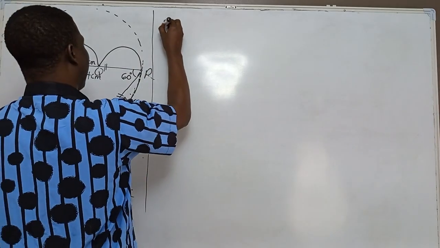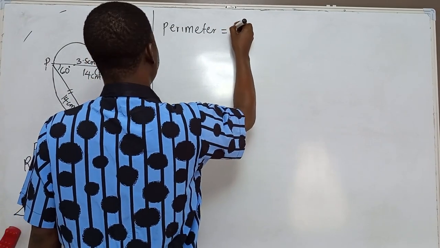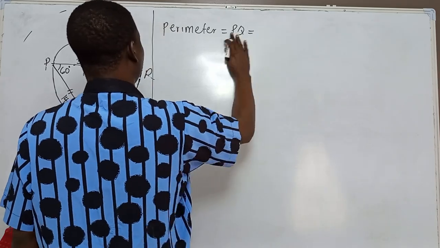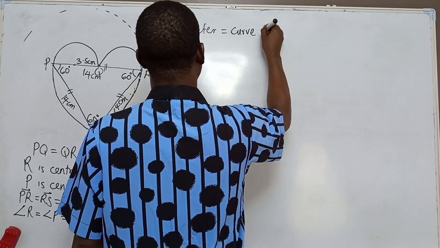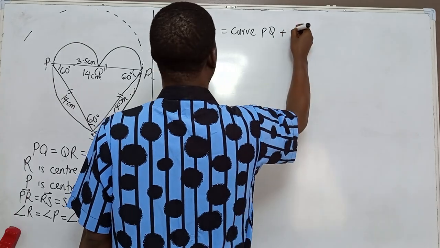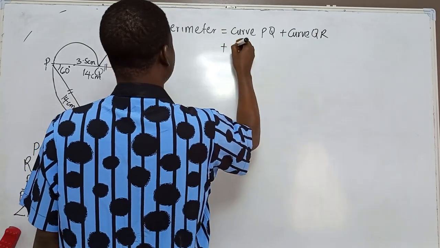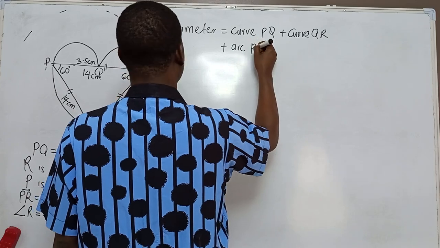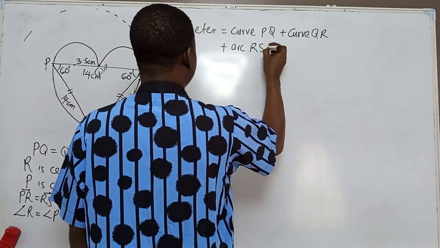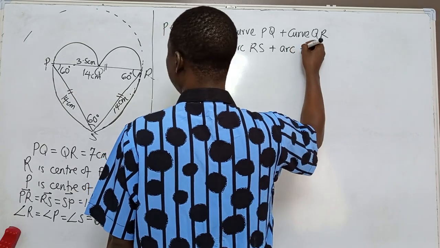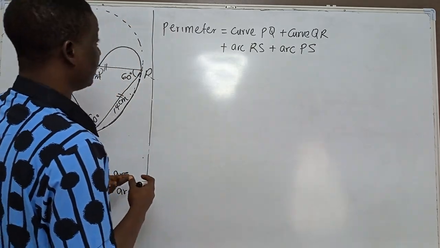So that means the perimeter is equal to the arc PQ, or the curve PQ, as the case may be, plus the curve QR, plus the arc RS, then plus arc PX. So that is how to find the perimeter of the shape. So we go ahead to look for the perimeter.